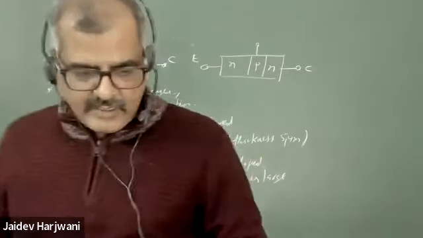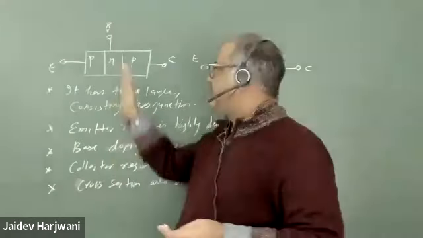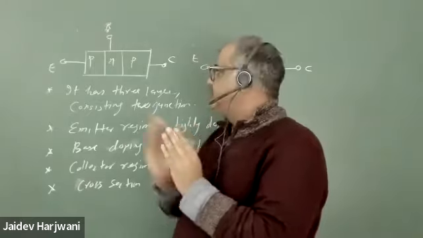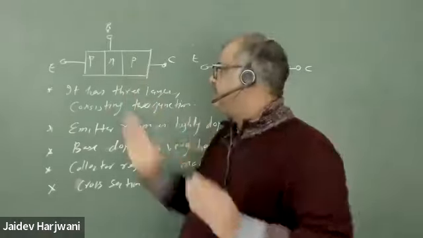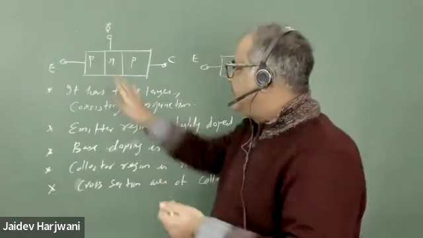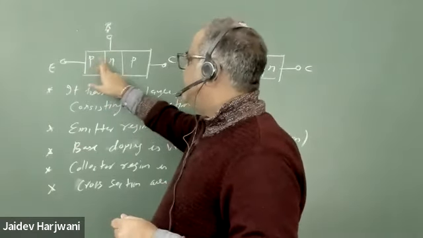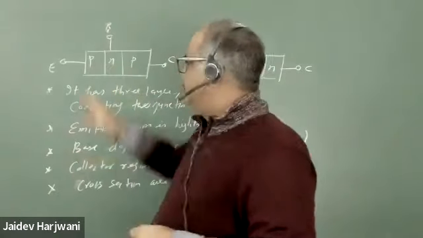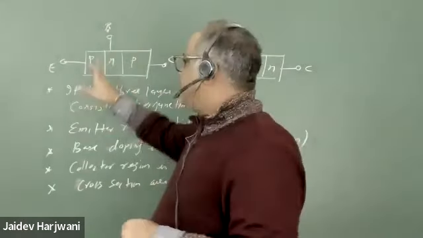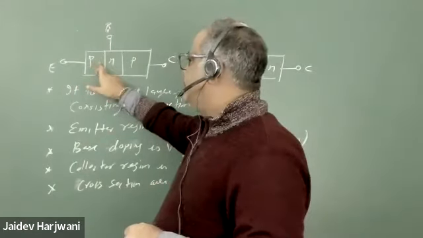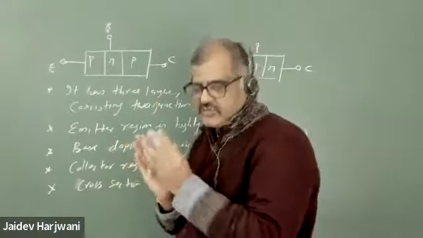The fundamental thing in the design of this transistor is the base. Base thickness is very small, so whatever charge carriers are here can easily be injected there. The base doping is very low so that when charge carriers come here, there is a negligible probability of recombination. So there should be very low recombination of the charge carriers injected through the emitter.